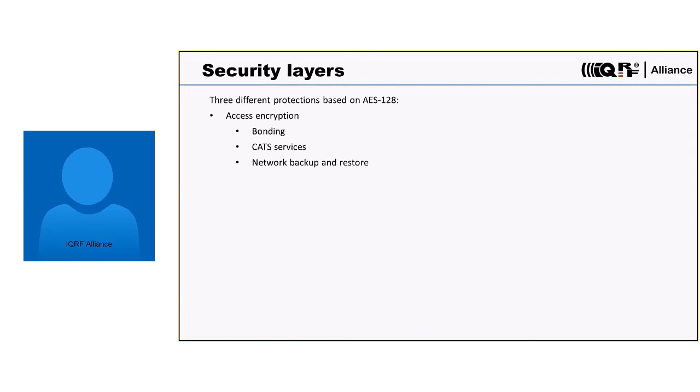So even if someone steals your backup file, they are not able to do the restore without knowing your access password. The second layer is networking encryption. The communication in the network is fully encrypted, and then there's optionally user encryption.